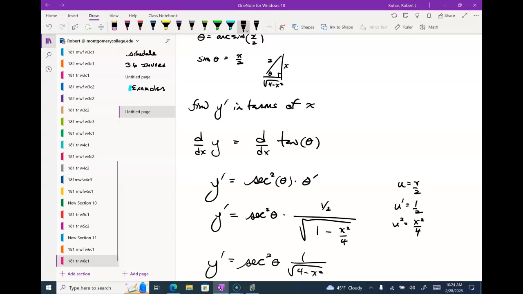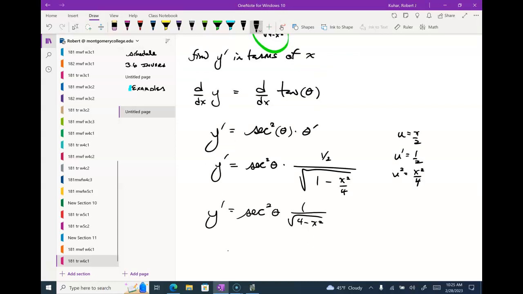Where am I going to get the secant squared from? From the triangle. Secant is what ratio? Hypotenuse over adjacent. So 2 over square root of 4 minus x squared, but quantity squared, right? So I'm going to get 2 over square root of 4 minus x squared, quantity squared.